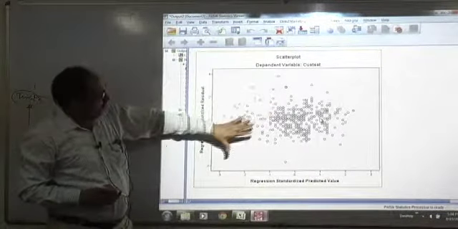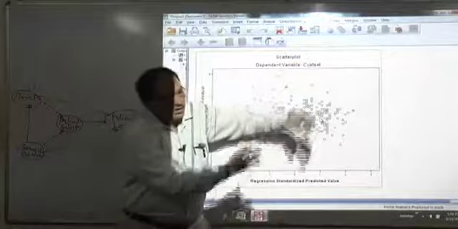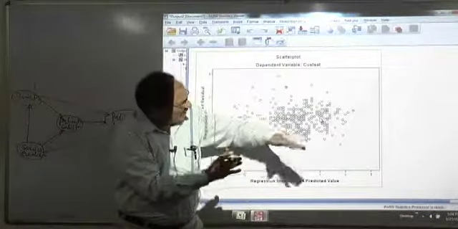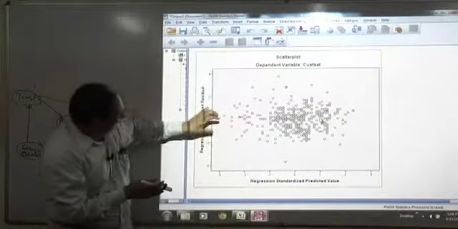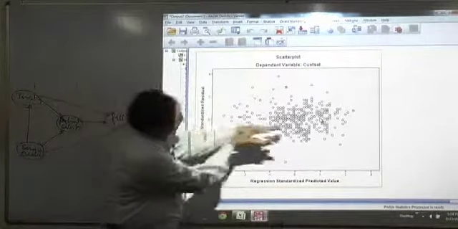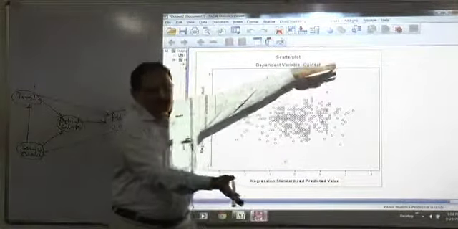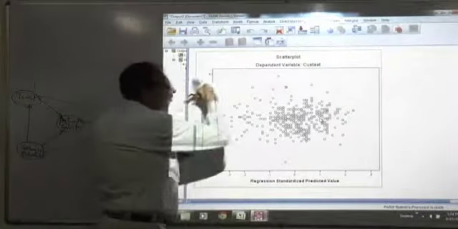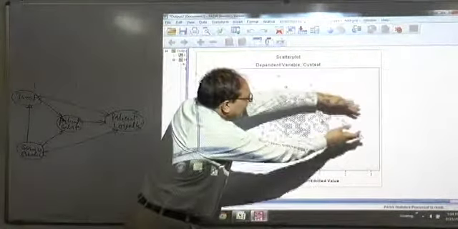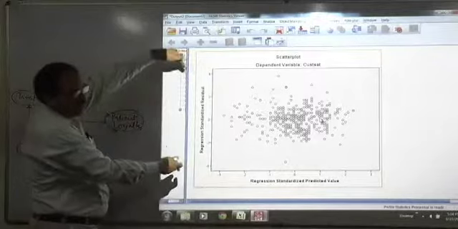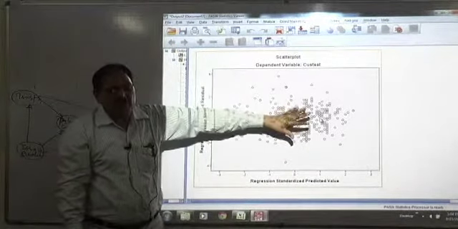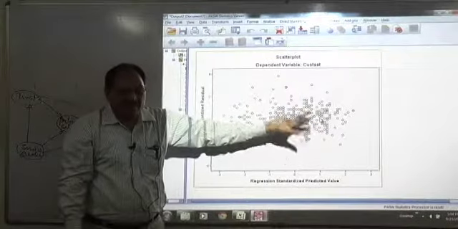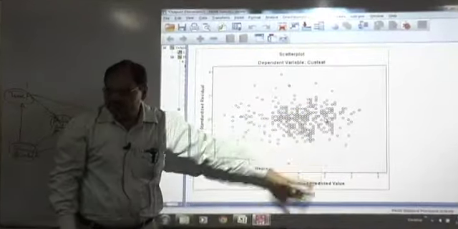If you find that the spread of these dots from one side to the other is gradual, from this side the spread is less and then it is spreading like that, that is funneling. Or from this side the spread is less, and then it is increasing. Then it will indicate homogeneity is in doubt, homogeneity is suspect.